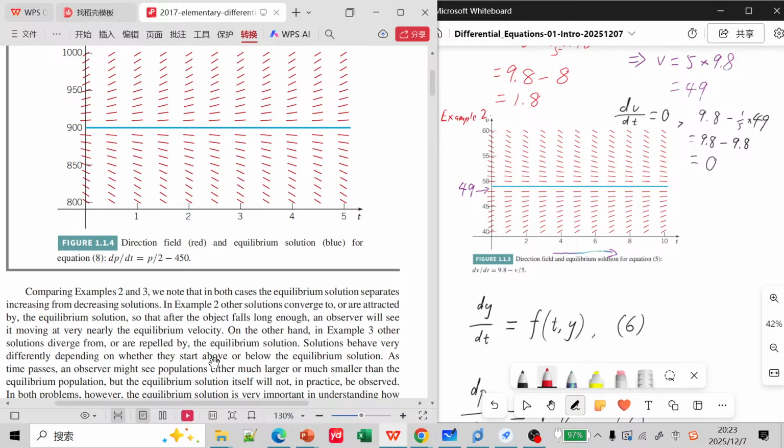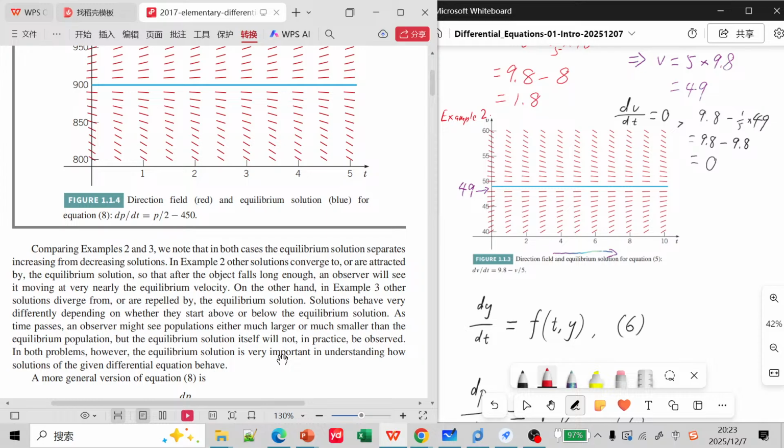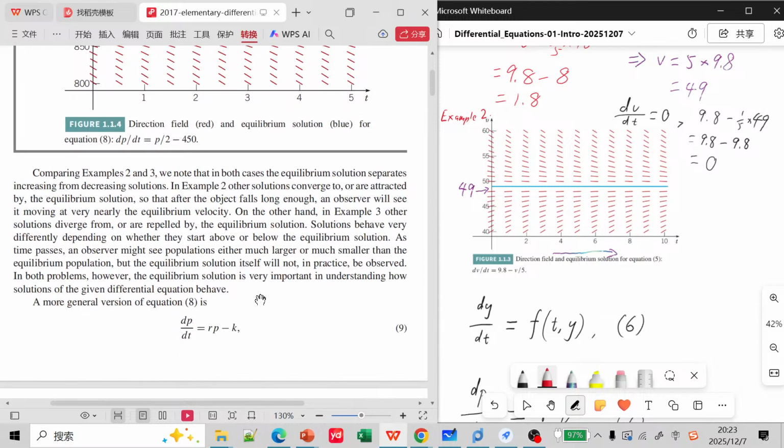In both problems, however, the equilibrium solution is very important in understanding how solutions of the given differential equation behave.